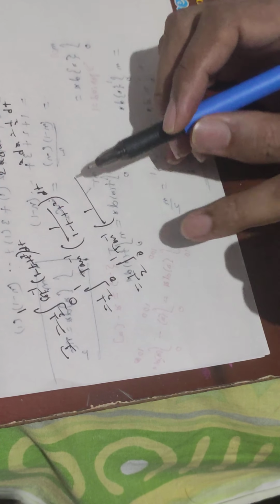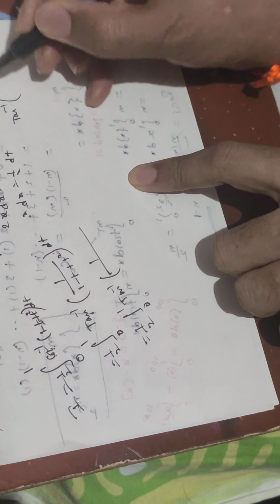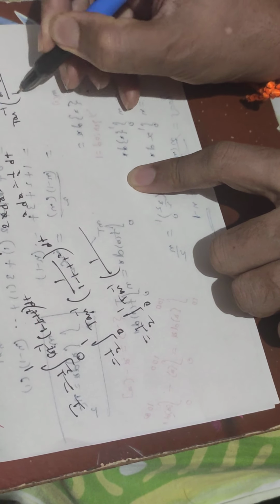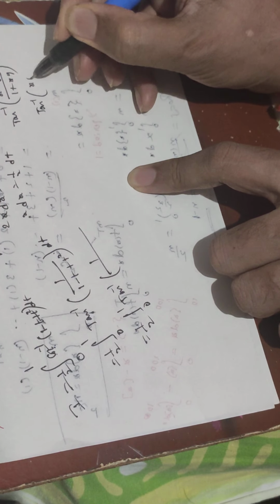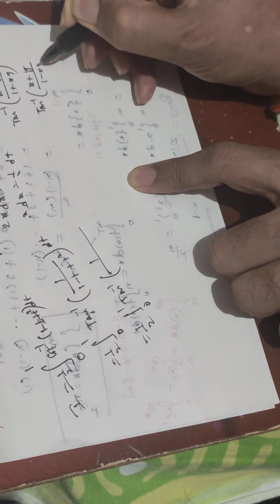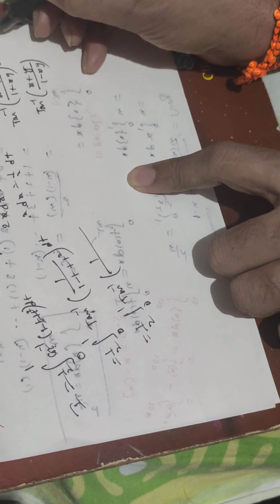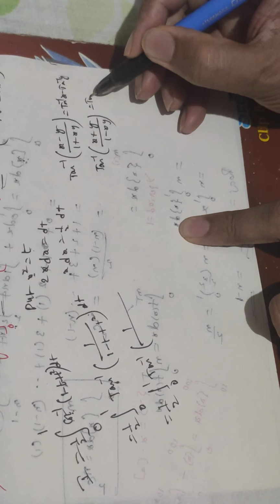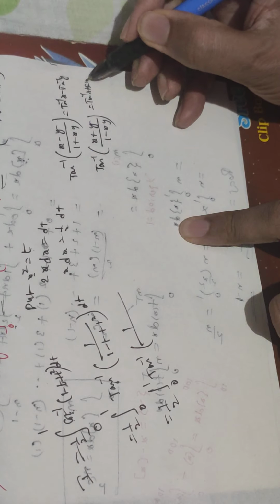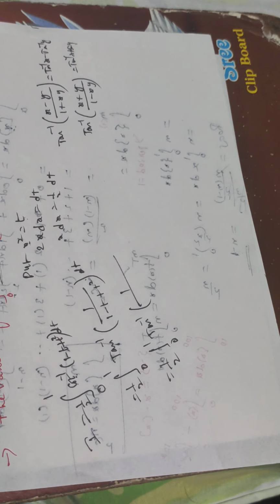In the case of tan inverse, we have two formulas: tan inverse of (x minus y) by (1 plus xy), which is tan inverse x minus tan inverse y, and tan inverse of (x plus y) by (1 minus xy), which is tan inverse x plus tan inverse y. Based on some conditions, different forms are there.